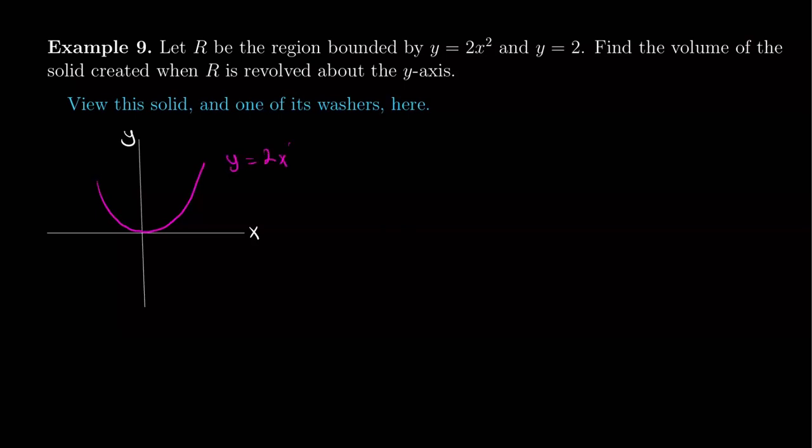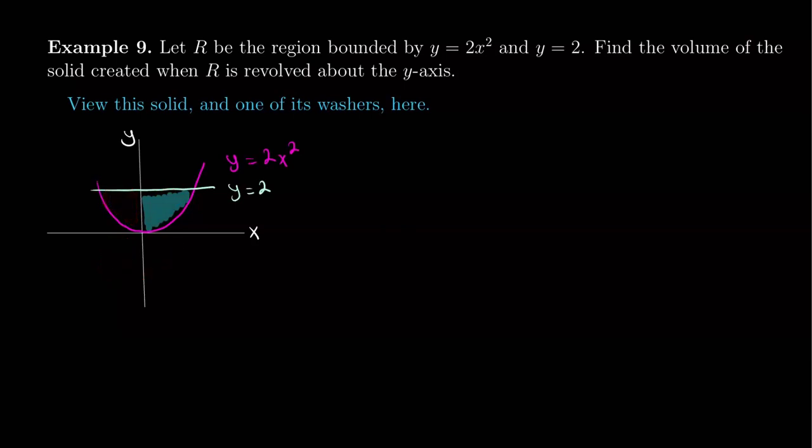Here's my y equals 2x squared and y equals 2. We know y equals a number is a horizontal line, and I'm going to revolve this around the y-axis. So I'm going to shade in only half of that region, and I hope you can see why, because when I revolve that entire region around the y-axis, it will already encompass that second region, so I don't need both of them.